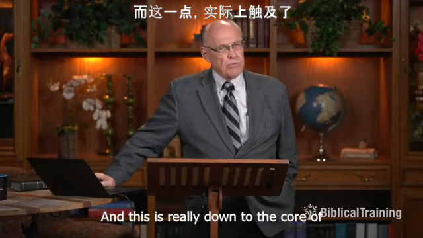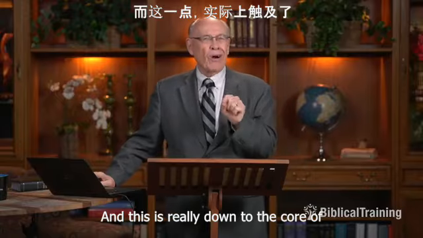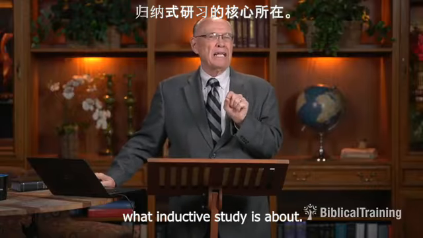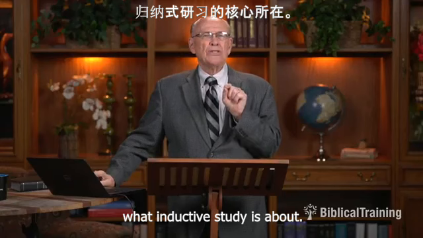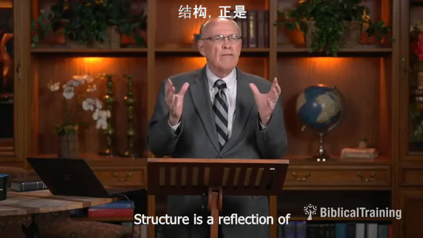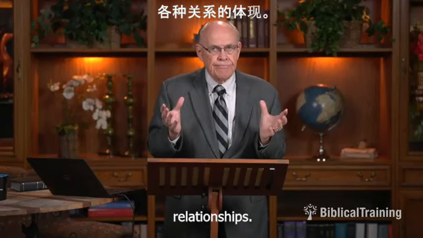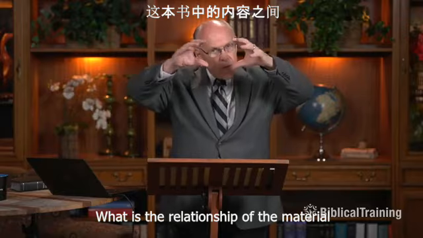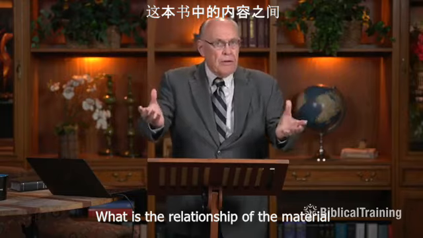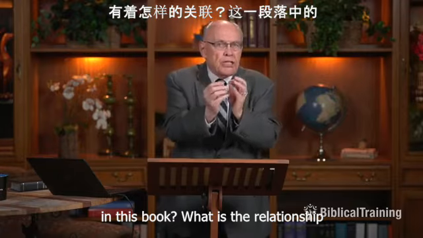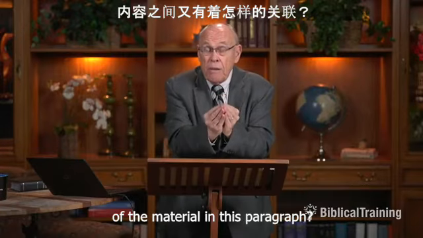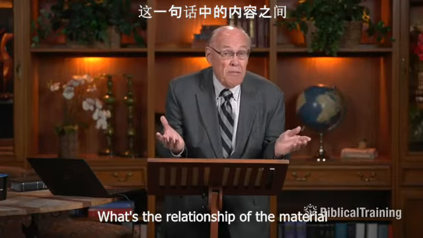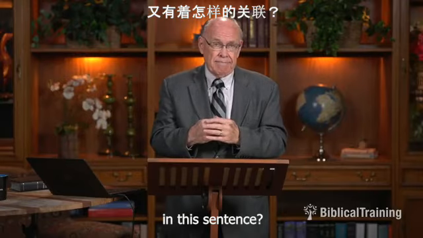And this is really down to the core of what inductive study is about. Structure is a reflection of relationships. What is the relationship of the material in this book? What is the relationship of the material in this paragraph? What's the relationship of the material in this sentence?